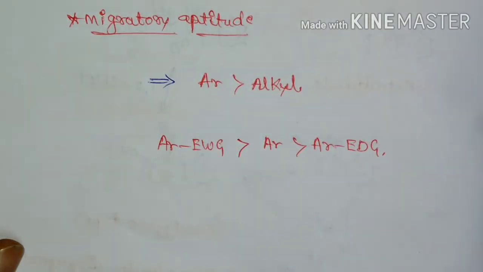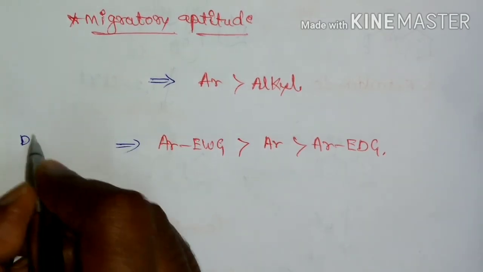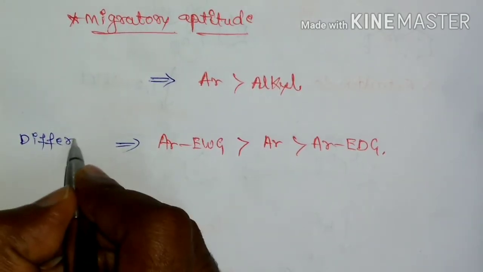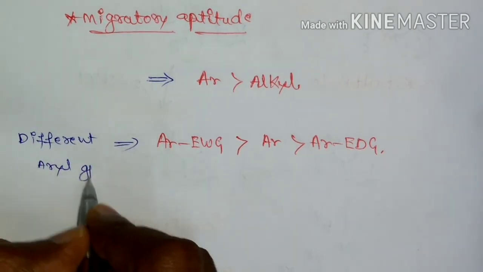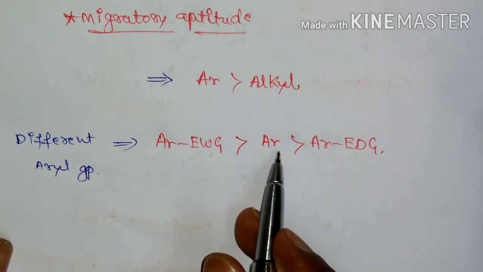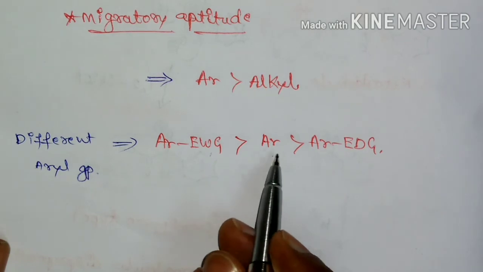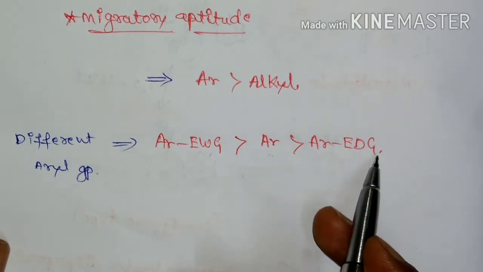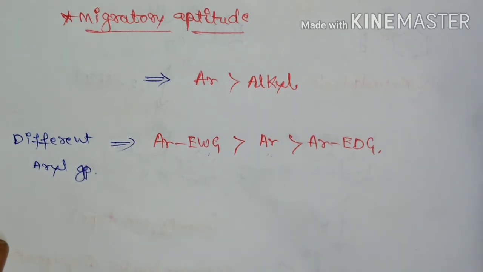An aryl group will migrate instead of an alkyl group. If different aryl groups are present, then the aryl group with an electron withdrawing group will migrate instead of the unsubstituted aryl group, and the aryl group will migrate in preference to the aryl group with an electron donating group.